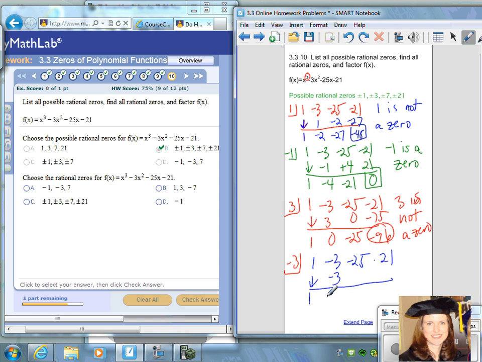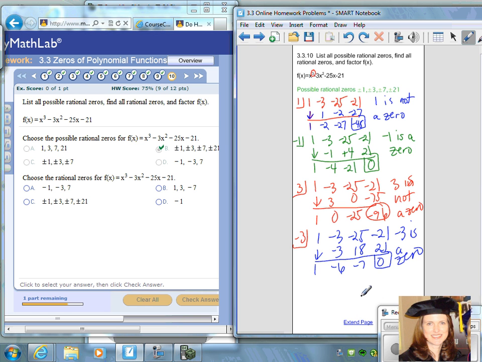You get negative 3, negative 6, 18, that's negative 7, 21. It gives you a remainder of 0. Okay, so negative 3 gives you a remainder of 0, so negative 3 is a 0. And you can go through the whole list, but we can try one more.